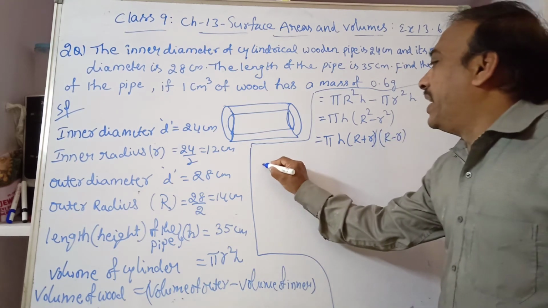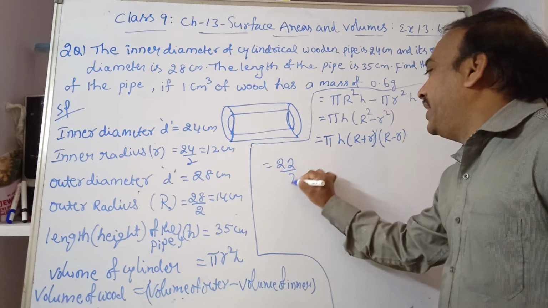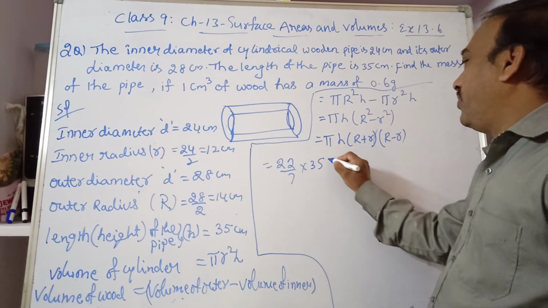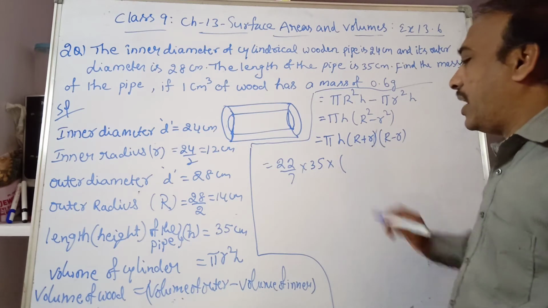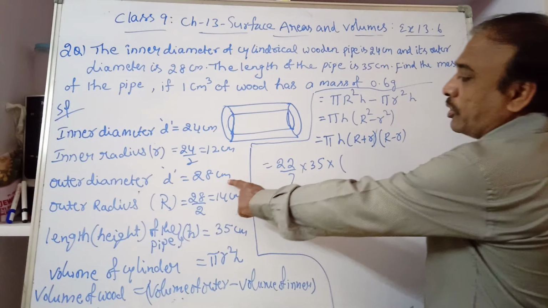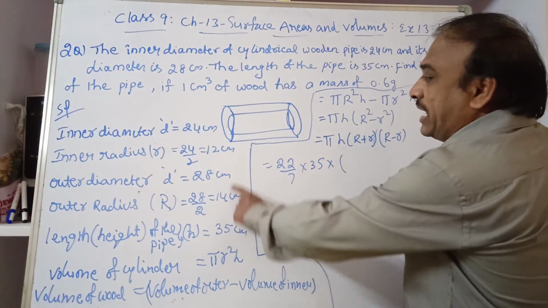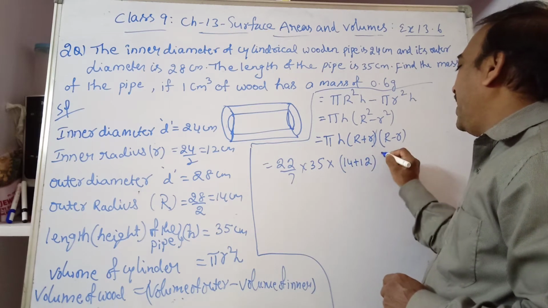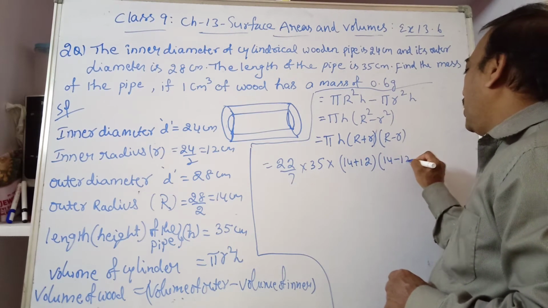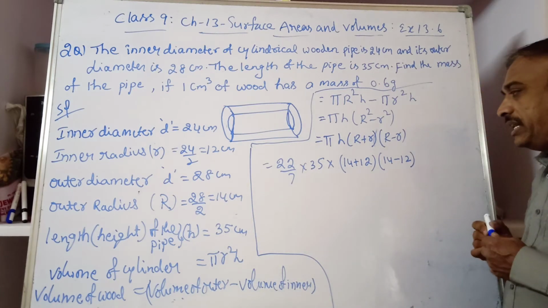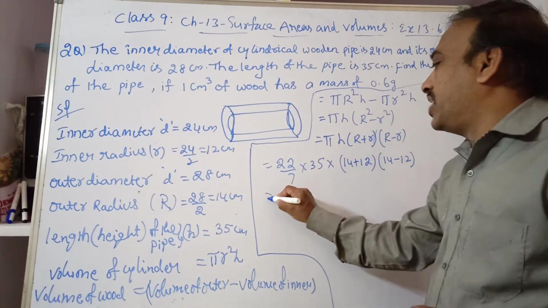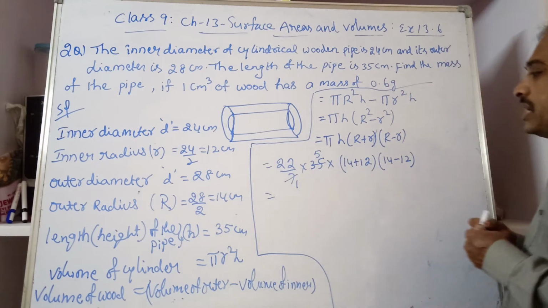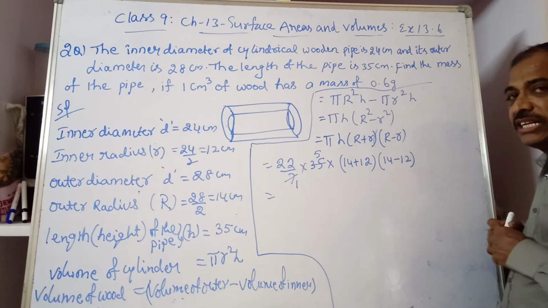Now substitute: 22 by 7 into the height, which is given as 35, into R plus r, where big R is 14 and small r is 12, so 14 plus 12 into 14 minus 12. Simplifying, 7 ones are 7, 7 fives are 35.